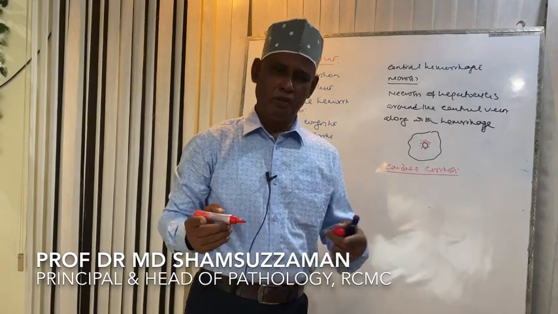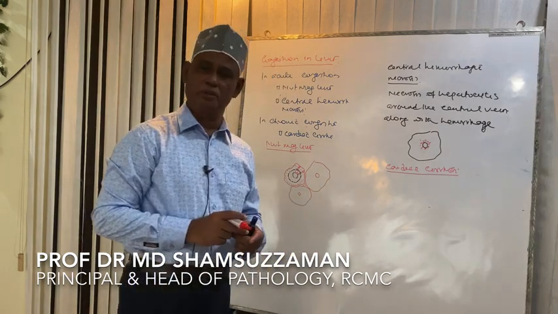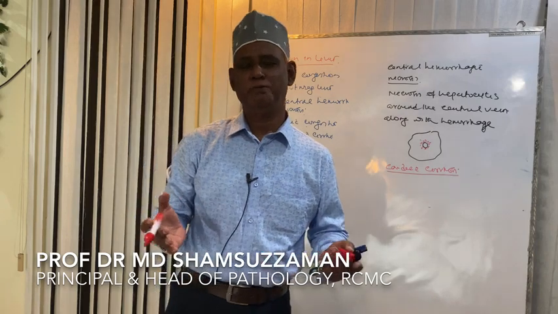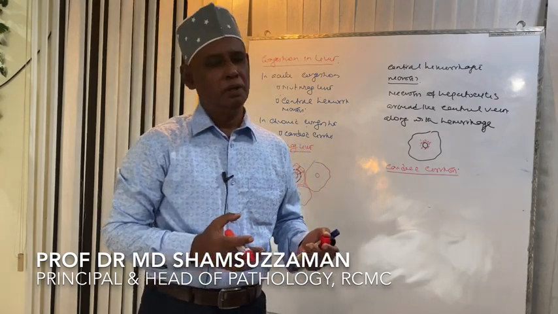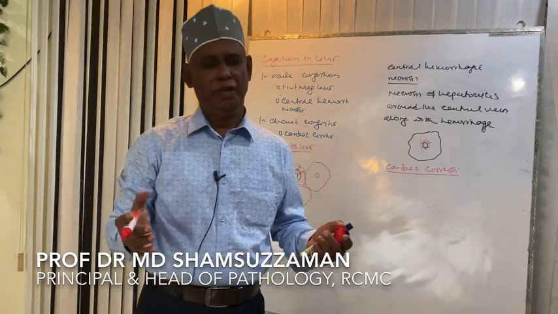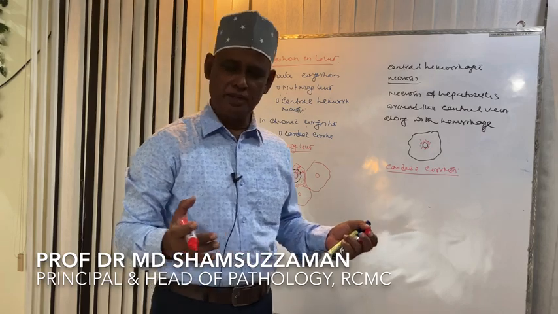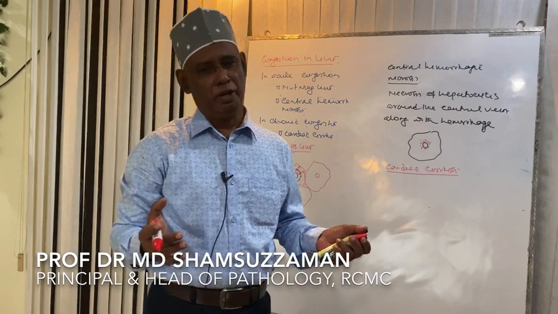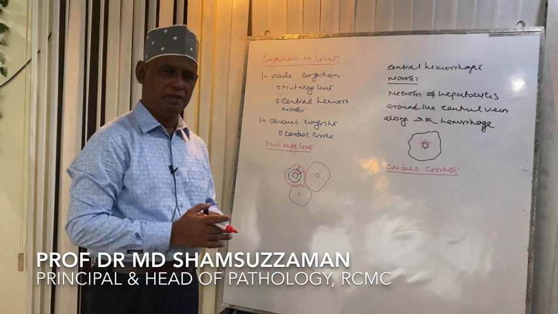If there is chronic congestion, the hepatocytes undergo necrosis, and following necrosis there will be fibrosis, and if there is fibrosis there will be alteration in architecture of the liver, there will be abnormal arteriovenous interconnections, there will be formation of regenerative nodules, and this is cirrhosis of liver.